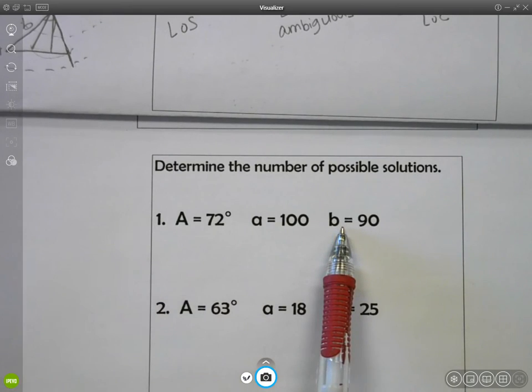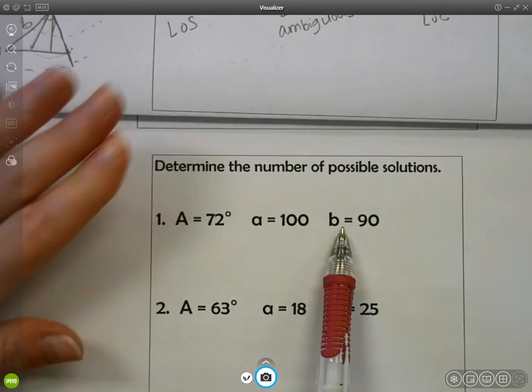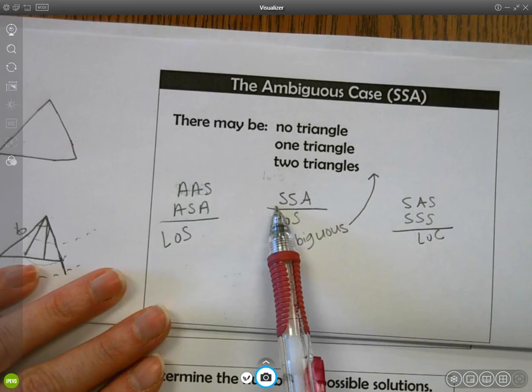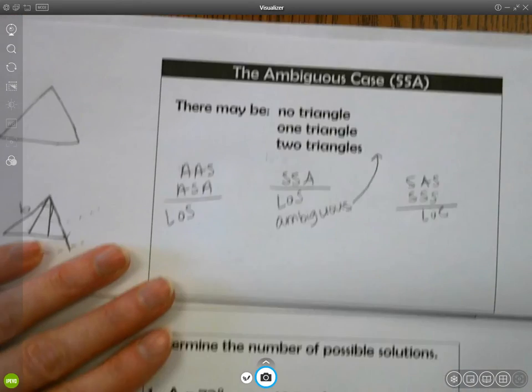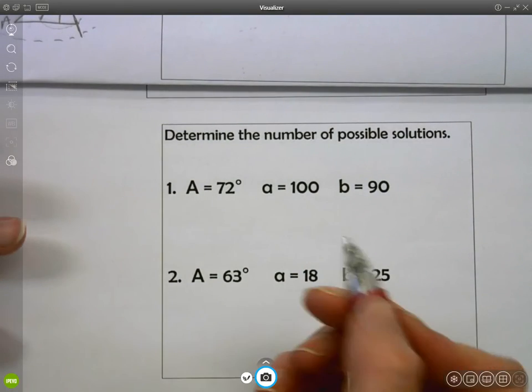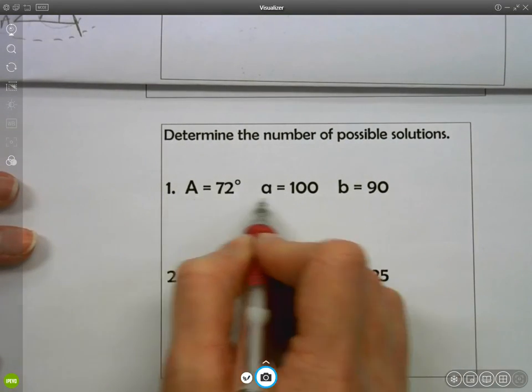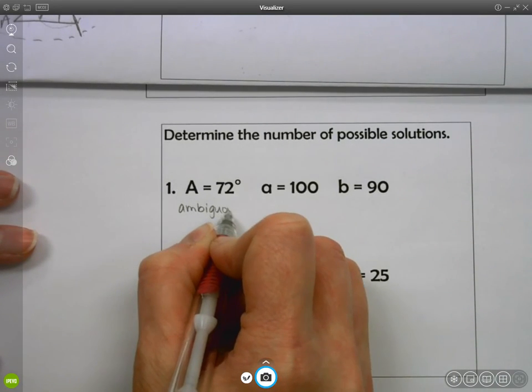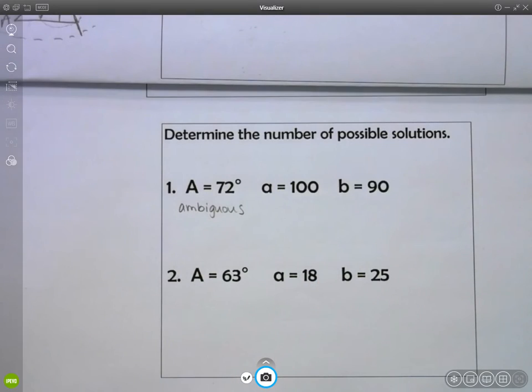If I take side, side, angle and turn it around and call it angle, side, side, that makes a bad word. If what I give you makes a bad word, it's ambiguous. It's the ones you don't like, a pain. So this is ambiguous, which means you have to use your case 1, case 2.